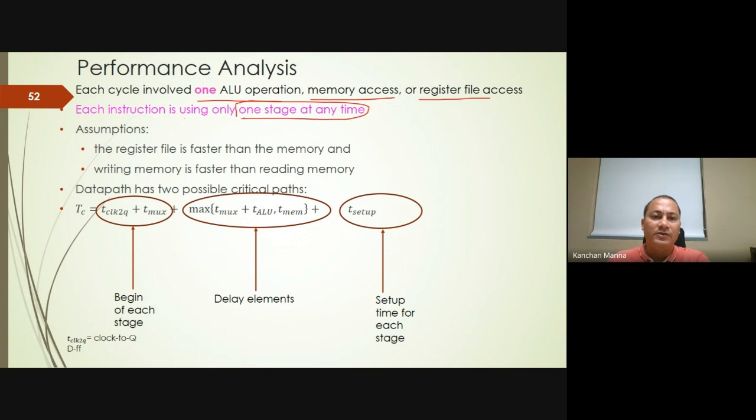Now the assumptions are that the register file is faster than the memory, and writing into the memory is faster than reading. Why is it so? Because if you remember when we designed the memory, we designed it like a register file, or here in this case, it would be cache memory.